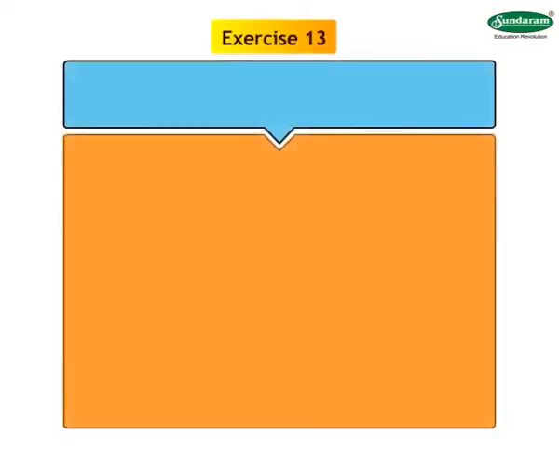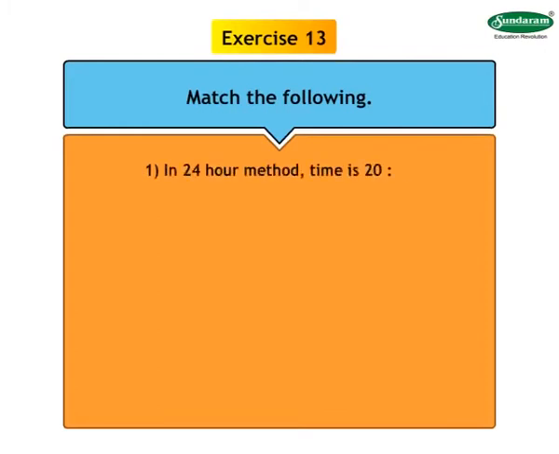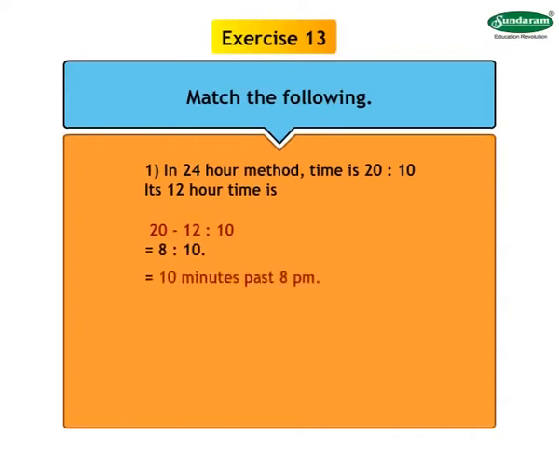Let us solve exercise 13. Match the following. 1. In 24-hour method, time is 20 hour 10 minutes. Its 12-hour time is 20 minus 12 hour 10 minutes is equal to 8 hour 10 minutes is equal to 10 minutes past 8 p.m. 2.